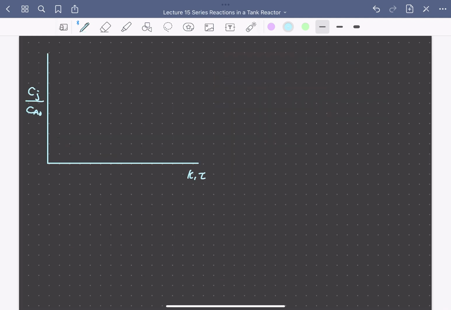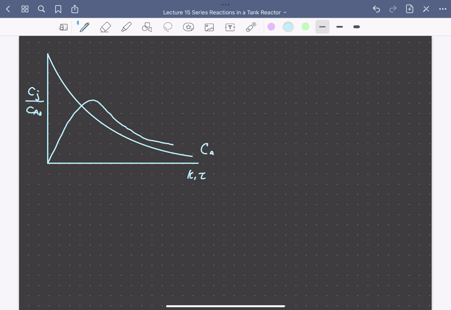So we can plot the concentration profiles for each species. So here these are plotted normalized to the inlet concentration of A versus the dimensionless time, K1 tau. So again, for Ca, this is going to be a monotonically decreasing function as A is converted to B in this first order reaction.